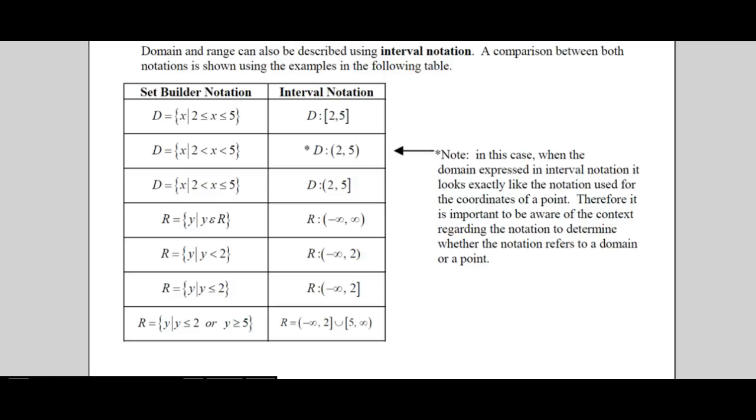Y is less than or equal to 2, so from negative infinity to 2. Strictly less than, round bracket. Less than or equal to, square bracket. Infinities, always a round bracket with the infinities. So make a note of that somewhere. Anytime I'm doing infinity, it's got a round bracket. I cannot do a square bracket with infinity.